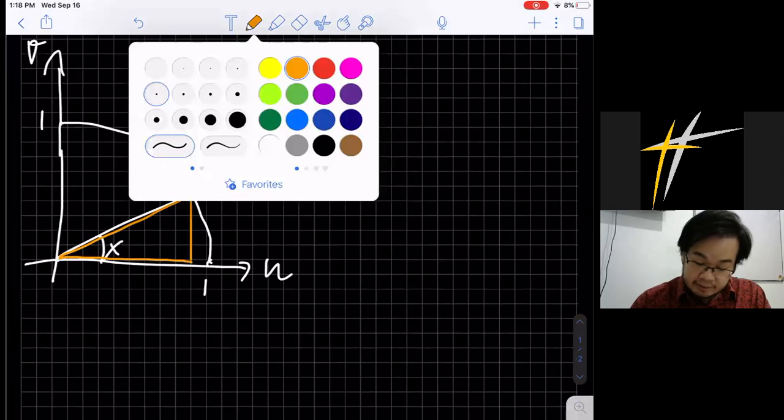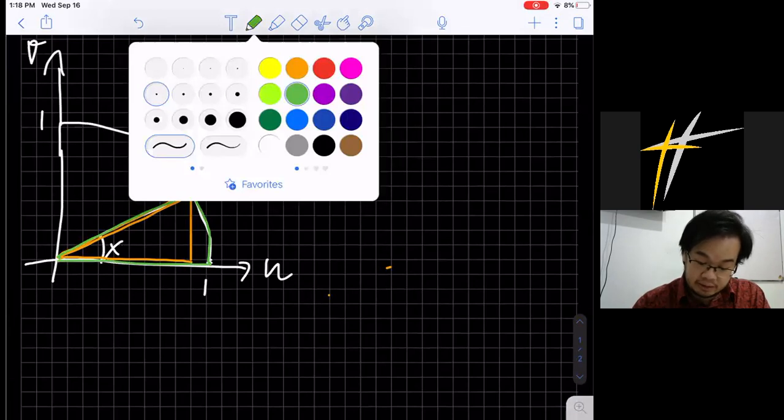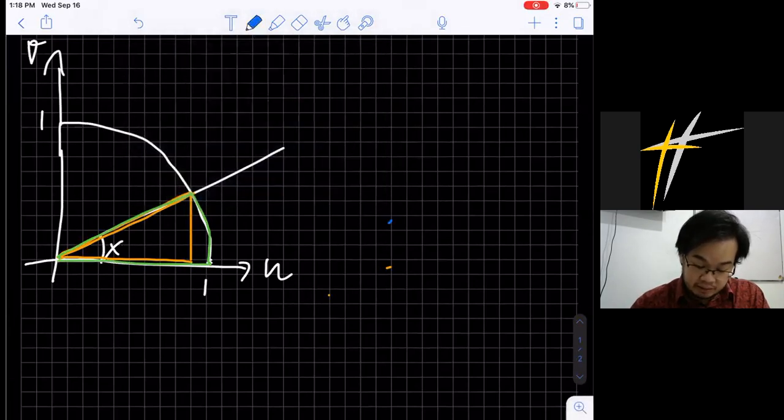And then the second one is not a triangle, but a sector of a circle, which is this one. Okay. And the last one is this triangle. So basically this is a right triangle.